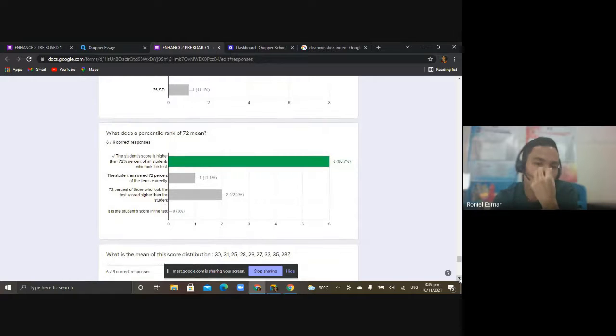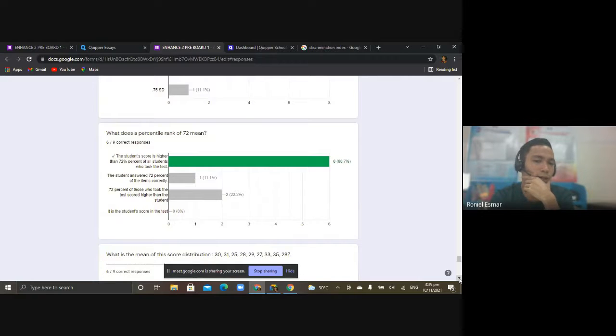So balik na pud ta sa next item, the percentile rank of 72. This is the percentage of the population sa usa ka klase wherein nalabaw nimo ang ilahang score. Okay? The correct answer for this is number one.